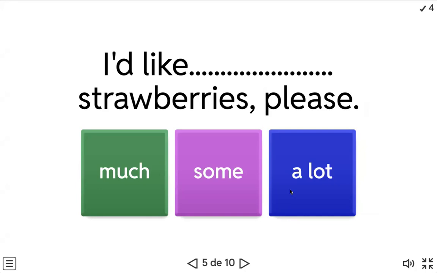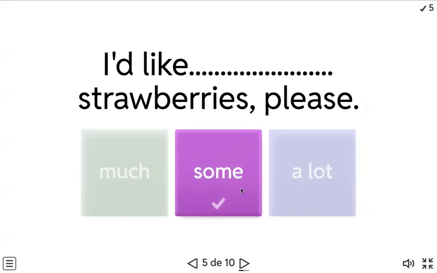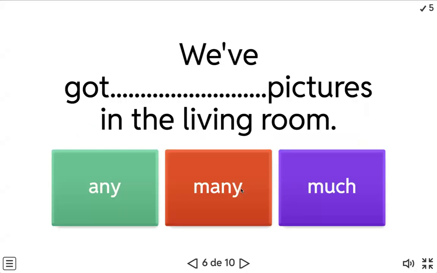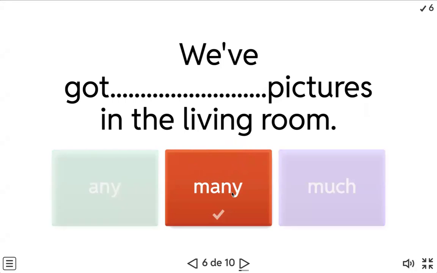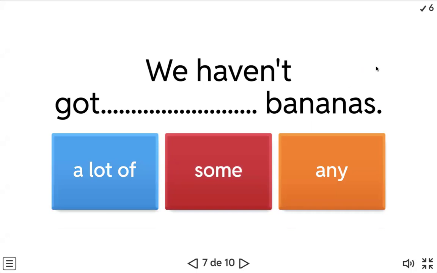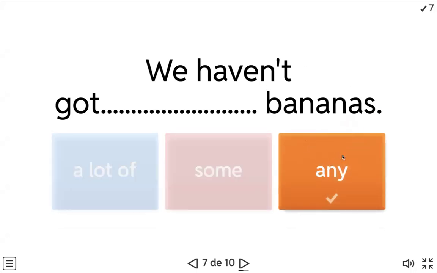What do you like? Some strawberries, please. Correct. We've got many pictures in the living room. Correct. Not very common. Instead, it should be a lot, but here there was a mistake. We haven't got any bananas. Correct.